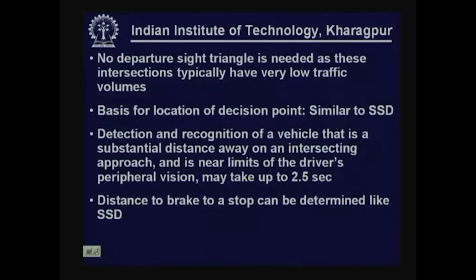This is found from field observations. In some cases it might be shorter, but it may take up to 2.5 seconds, so actual braking, if necessary, may start after 2.5 seconds.